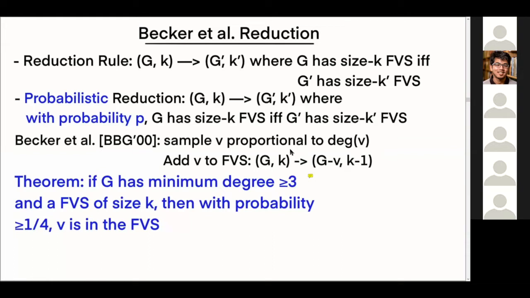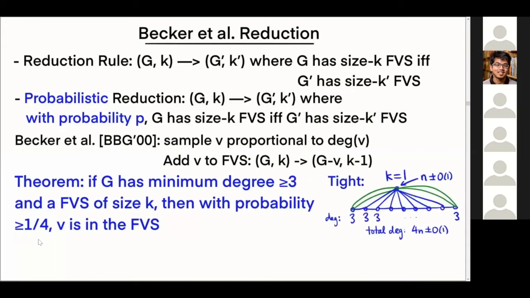So now you can ask, what was 1/4? Naturally, to improve this 4 to the K running time, we want to improve the probability that we get a vertex in the FES. Well, it turns out this 1/4 is tight in the following case. Imagine K is 1, a graph where we want to find a single vertex that hits all cycles, or whose removal makes the graph acyclic.